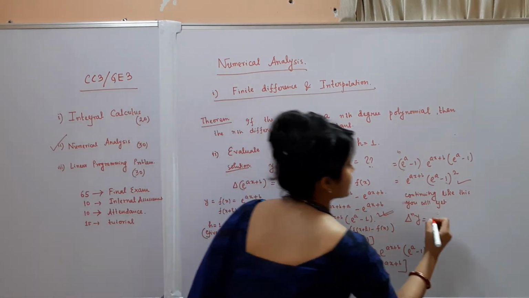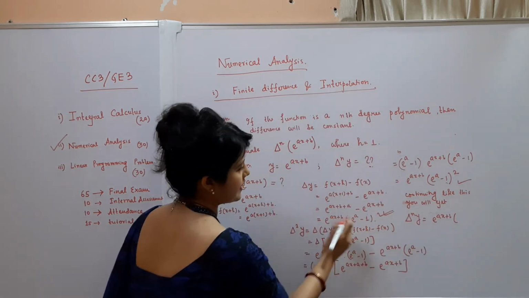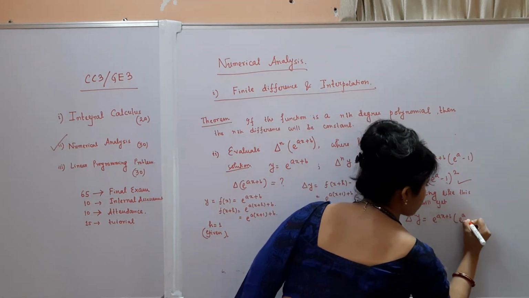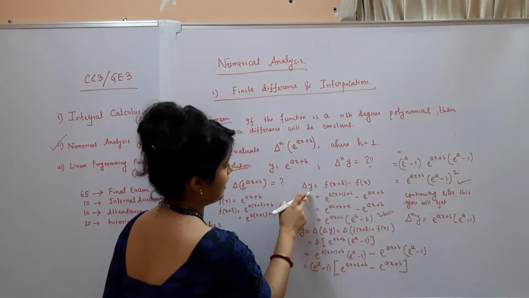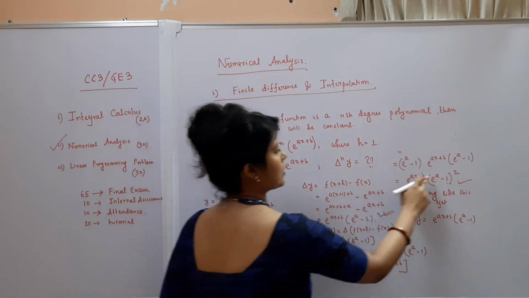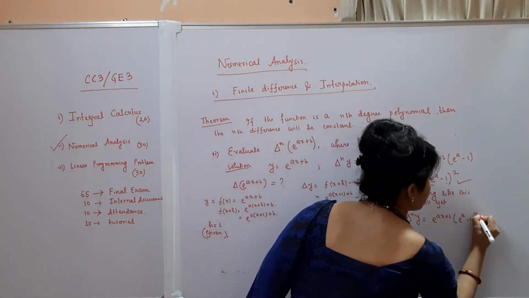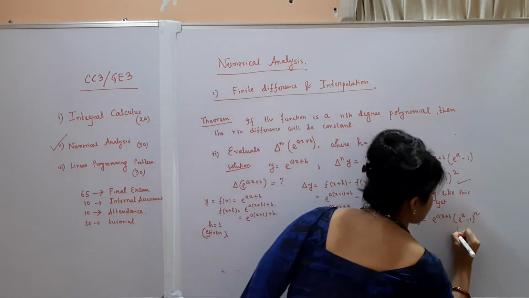This portion, e to the power ax plus b, will be the same, and the power of the other portion differs: for delta y the power is 1, for delta square y the power is 2, so for delta n y, the power is n.